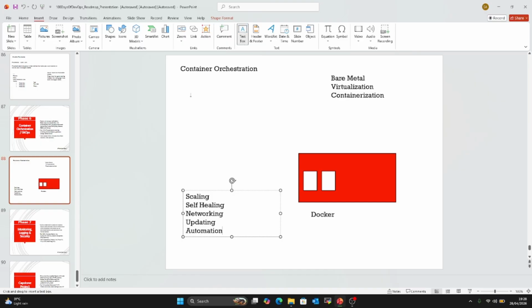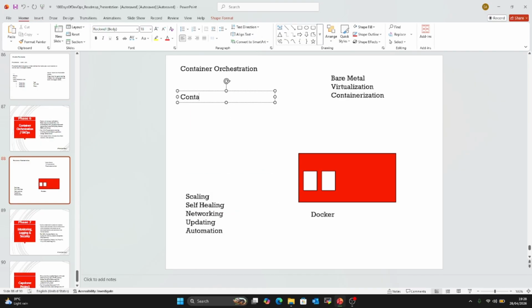Let me write this: container life cycle. So it manages the entire life cycle of that container. If the container needs to restart, if the container needs to be stopped and all of that, it manages it.